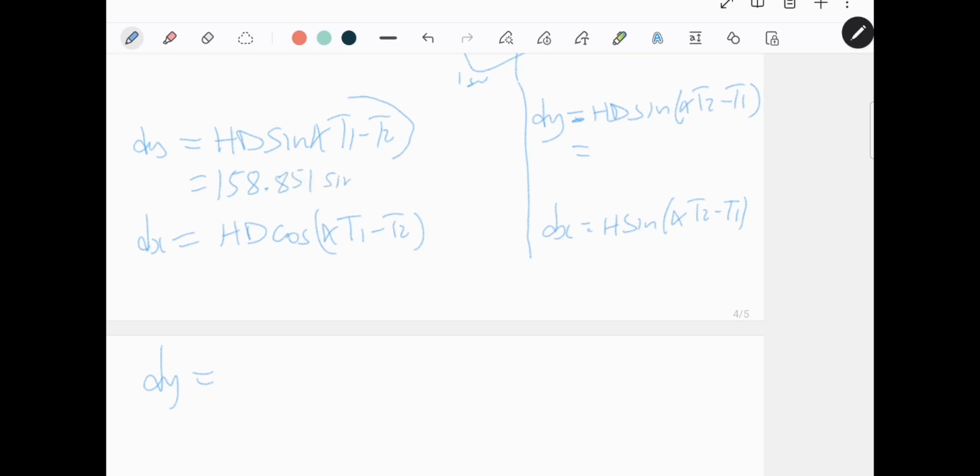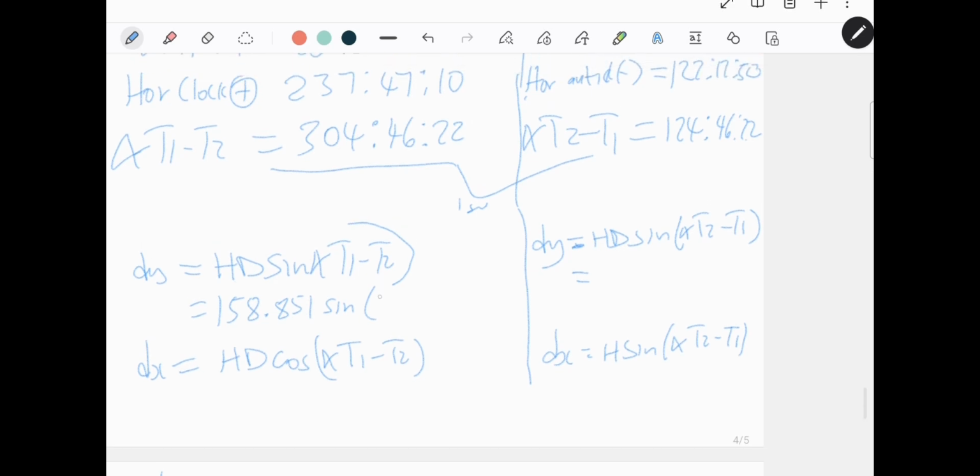158.851 sine your bearing T1 to T2, which was 304, 46, 22. Even here, 158.851 cos 304, 46, 22. This side is the same, 158.851 sine, but our bearing has changed.